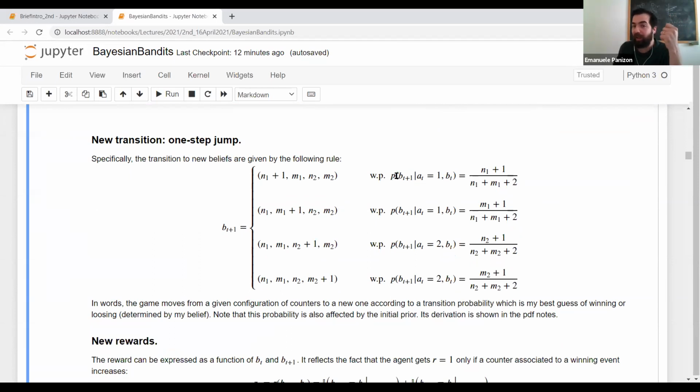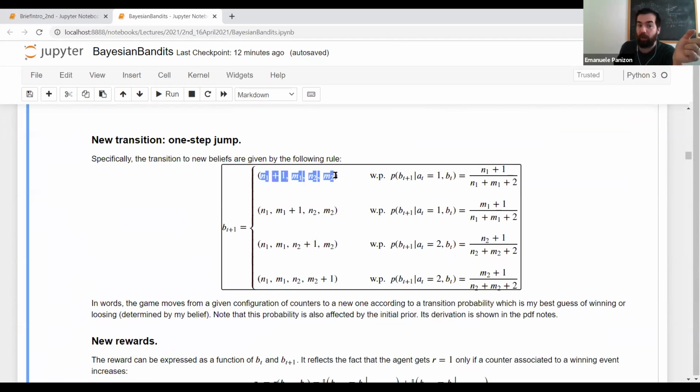Since a success from a state of belief N1, M1, N2, M2 brings me to N1 plus 1, M1, N2, M2, I can calculate that this is the transition probability of being in that belief state, doing that action and getting that result.